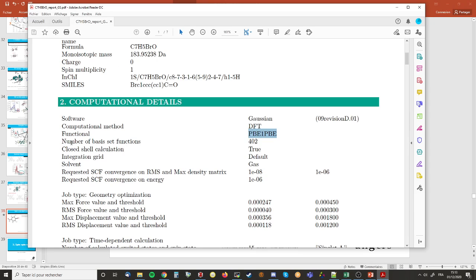So here you have the number of basis set functions. You really need to check the name of your basis set in your input or output.